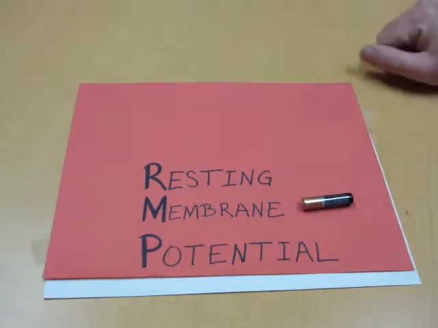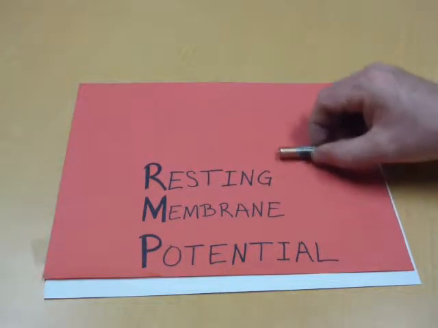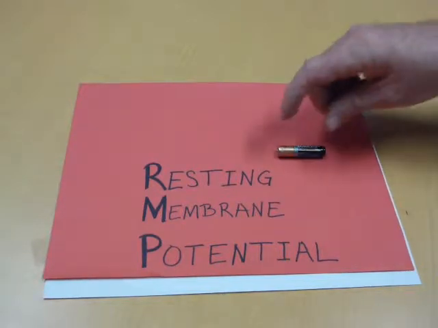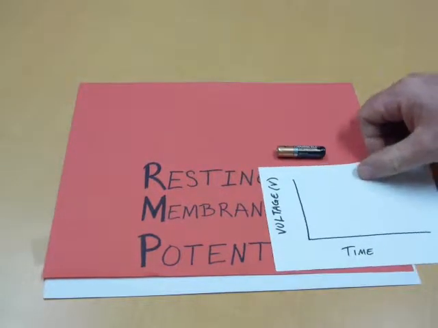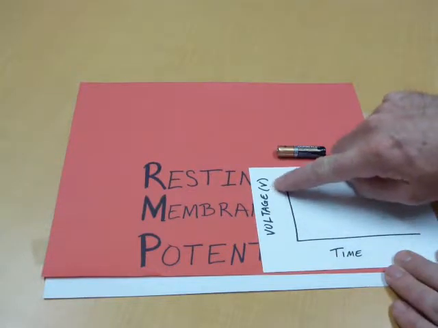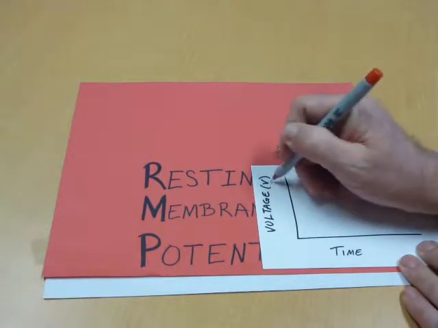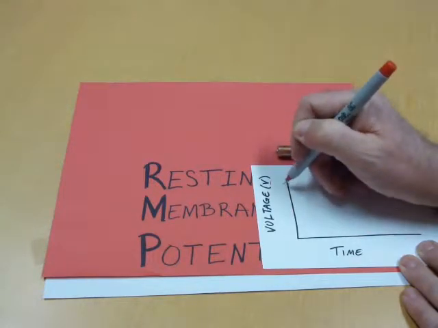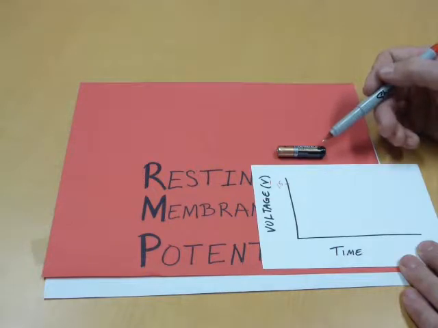Batteries have potential. They have potential energy, and that's measured in voltage. We know that batteries store that. They have a certain amount of potential energy. If we were to look at that battery's voltage, it's a measure of its potential energy over time. It's measured in volts, and this battery has 1.5 volts in it.